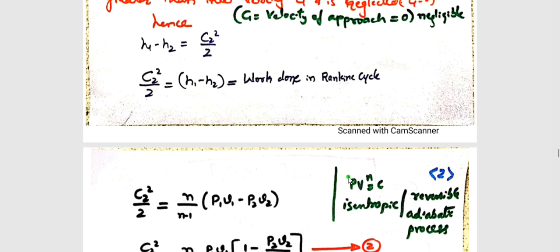So here I have written for your help PV to the power of n is equal to constant. So that is isentropic flow or reversible adiabatic process. For a reversible adiabatic process, PV to the power of gamma is also equal to constant. If the value of gamma is 1.4, then we will apply that equation.